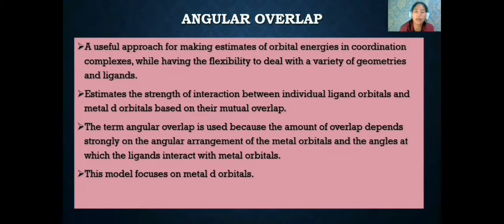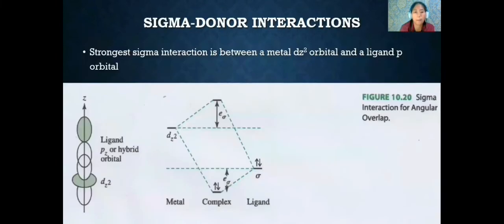So this angular overlap can determine the stability of the structure of the complexes based on the computed energy differences, or the sum of energies, of those d orbitals. But the calculations for this one are so broad, so we're not going to go with the computations. Let's have just the concept. In here, for the sigma donor interactions and the angular overlap, you have the diagram.